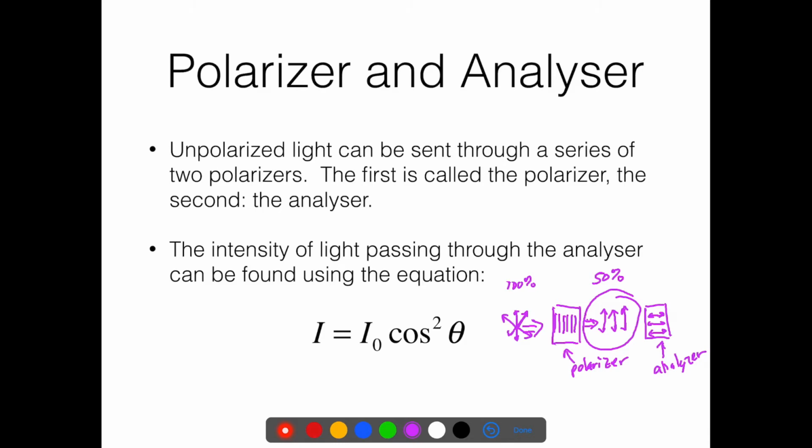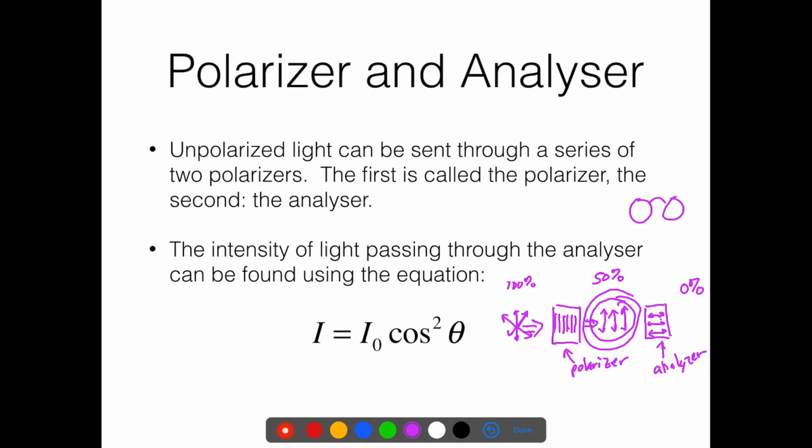What would happen if it goes through a horizontal transmission axis? Well, those two are perpendicular to each other. There is no component of this in the horizontal direction, which means if this vertical light goes through a horizontal polarizer, you would get 0% of light going through. 0%, because there are no horizontal components to vertical light. They're completely independent of each other.